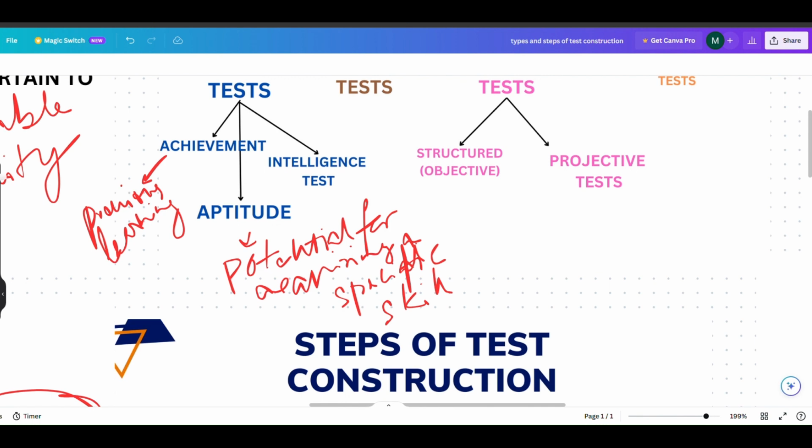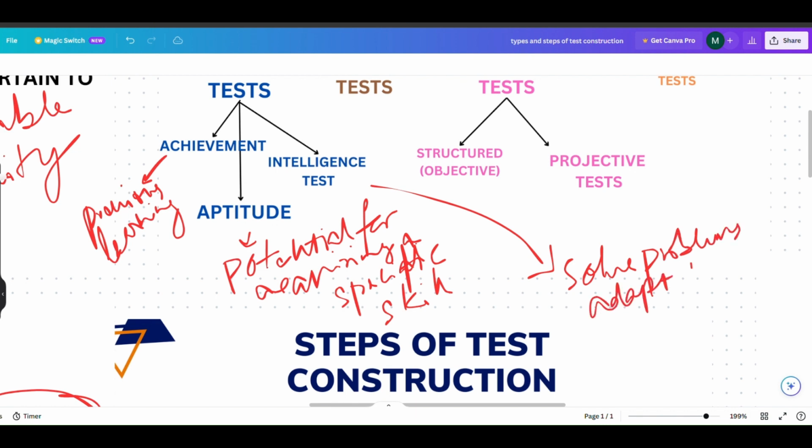Intelligence test is the potential to solve problems, adapt to change, and what the person has learned from the experience.